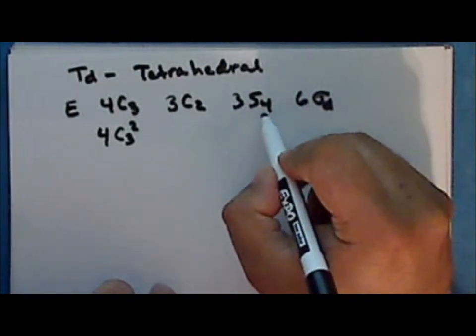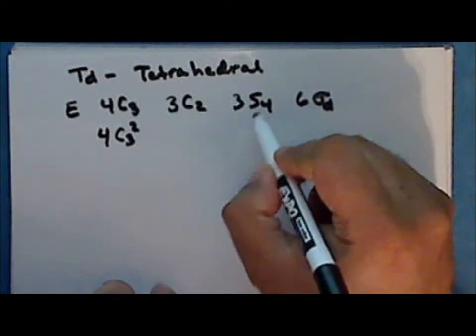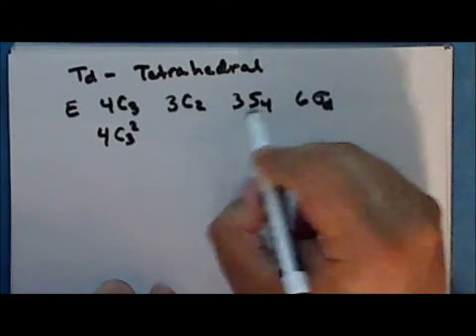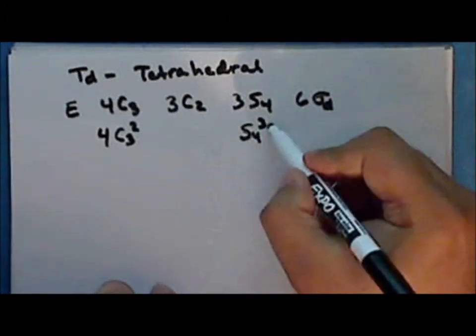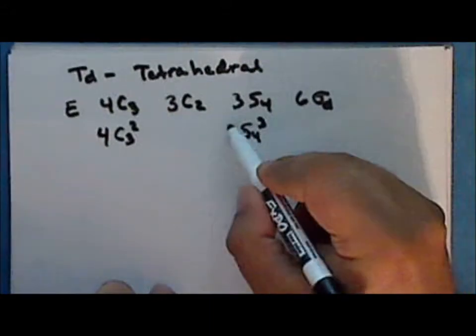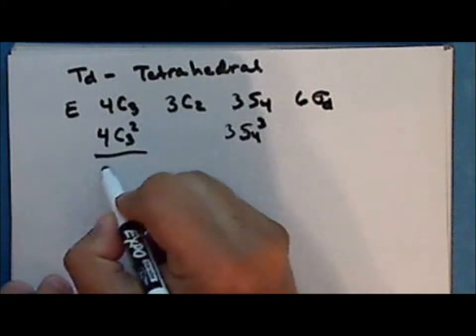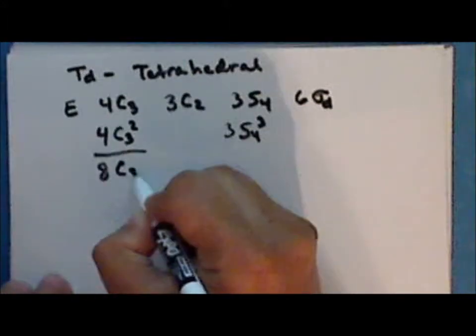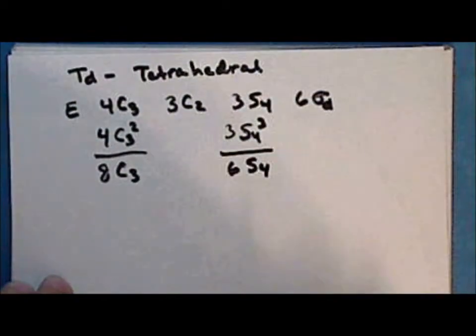Now as we have an S4 axis, we also have the operation indicated by the S4, and so we also have an S4 cubed, where 3 is relatively prime to 4, and so there are 3 of those. And so we have a total of 8 C3 elements and a total of 6 S4 elements.